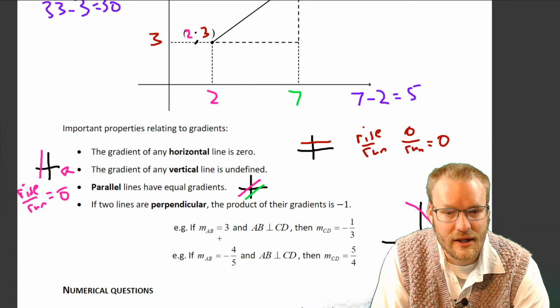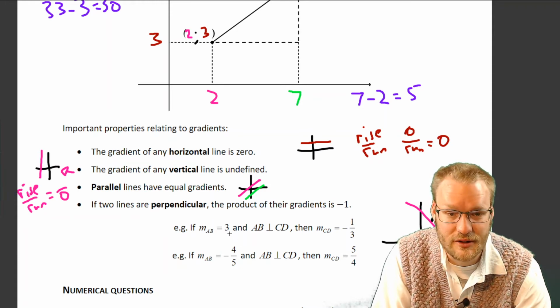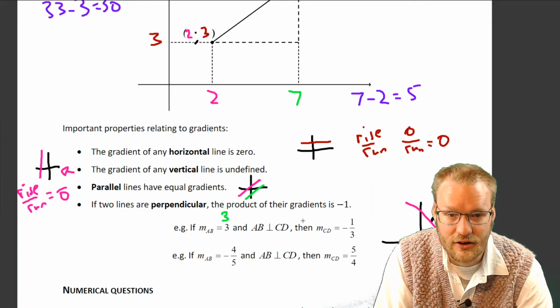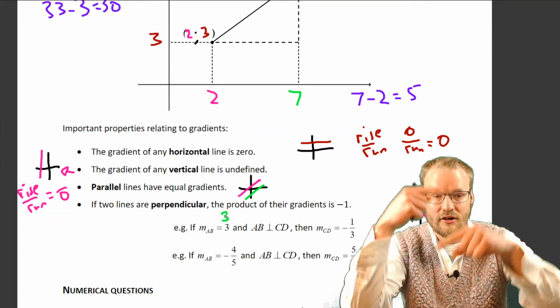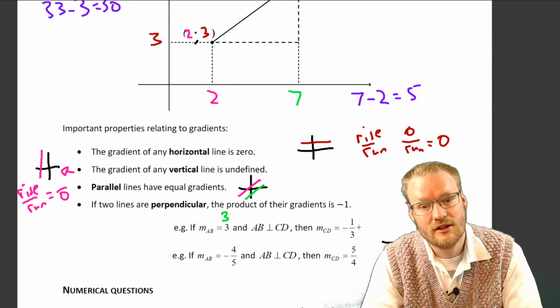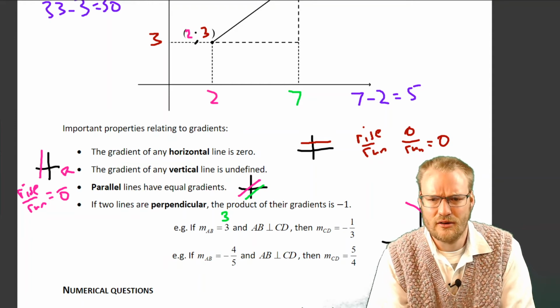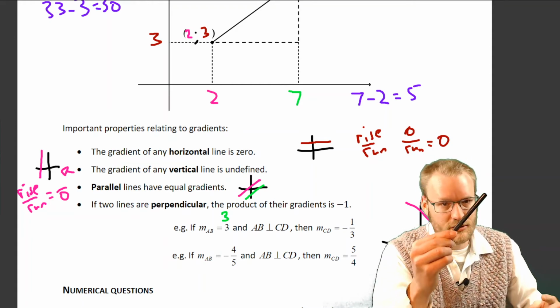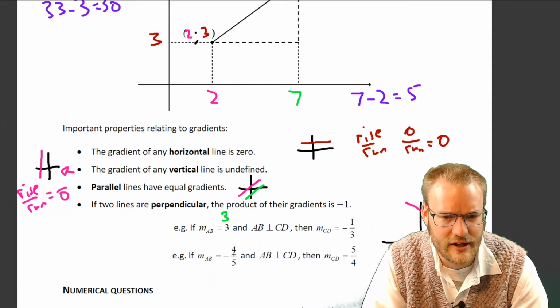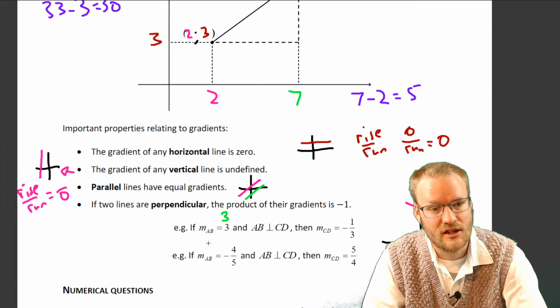Then when you multiply the gradients, they equal minus 1. So the easy way to remember this is, let's say that this one here we said was 3. Then to find the other gradient, just go 1 over the reciprocal and change the sign. So if the one's positive, the other's negative. Makes sense. Look at the picture. If the one's positive, then the other one's negative. If it's a fraction, flip it over, change the sign.